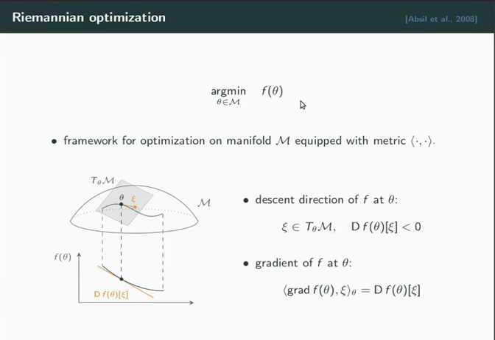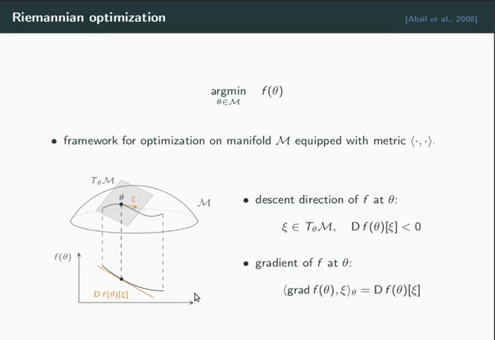And so for that, there has been a whole framework for optimization that has been developed, and that you can find, for example, in this reference here. And the idea is that we have a cost function and we are aiming at finding a descent direction. So for that, descent direction is given by some tangent vector that allows to have a negative directional derivative of the cost function, so that allows to have a decrease in the function here.